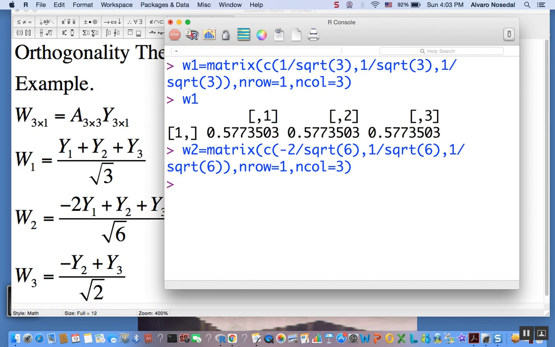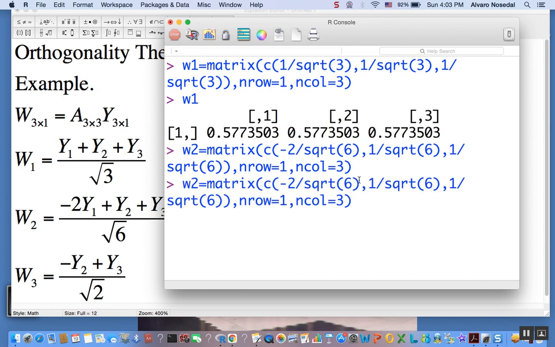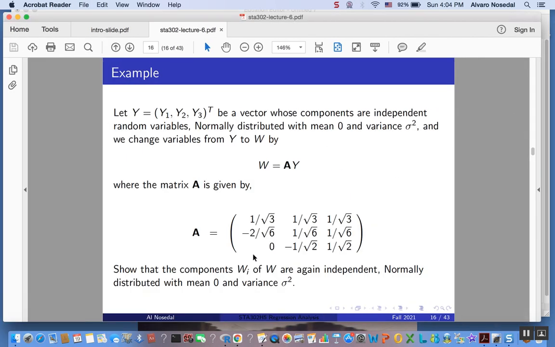Now W3. It's going to be the first one is a 0. Next one is -1 over the square root of 2. Next one 1 over square root of 2, right? Because we have this here.